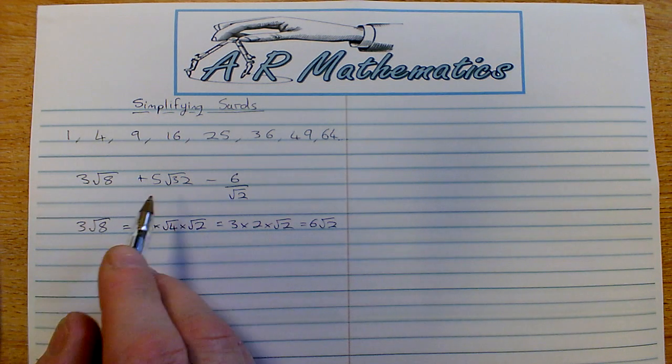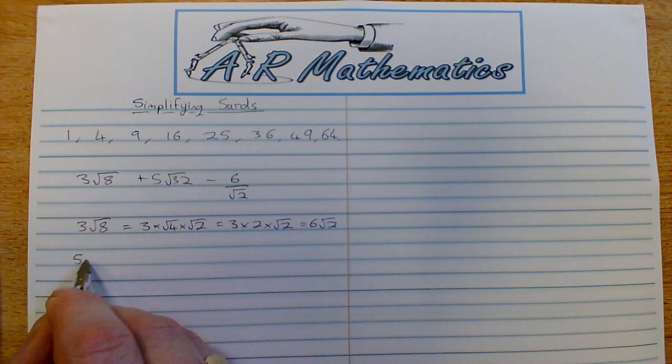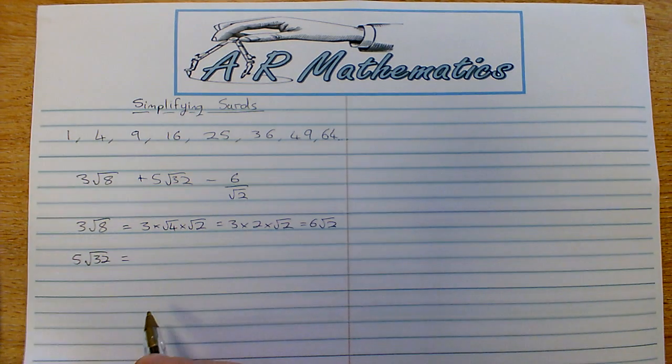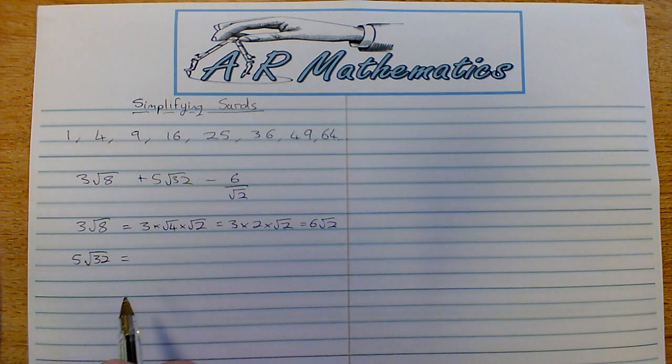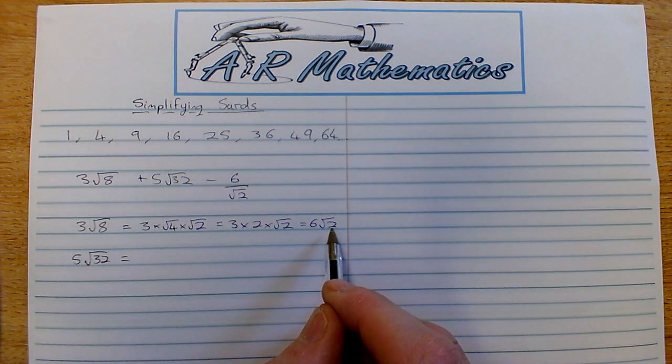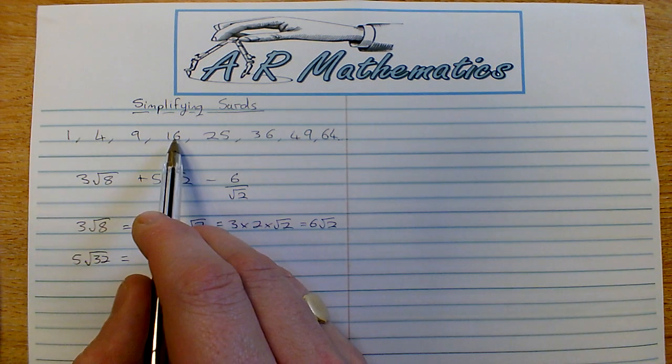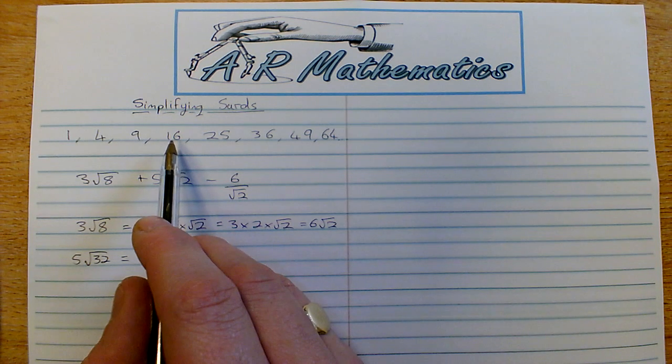Okay, if we take the second term, which is 5 root 32. Now there's no guarantee with this, but the likelihood is that if you are left with a root 2 in the first term, you'll probably be left with a root 2 in the second term. So if I look at 32 and see if 2 is a factor, it is. 2 goes into 32 16 times, and 16 is a square number.